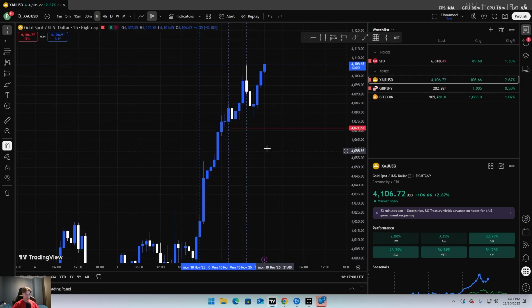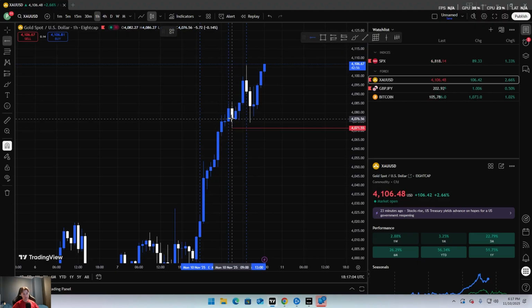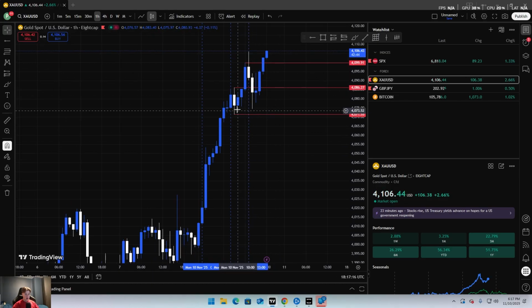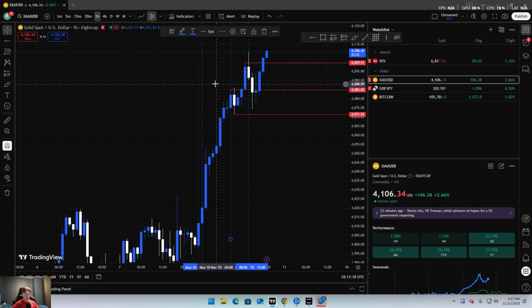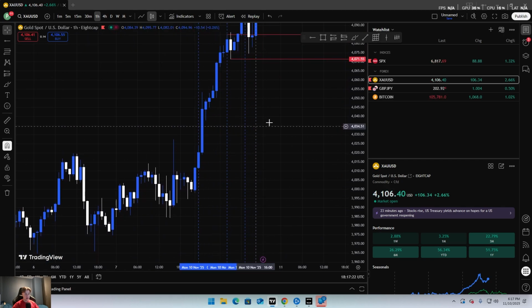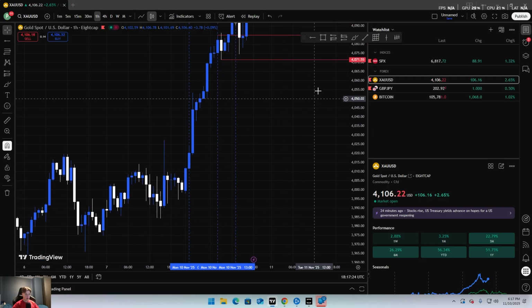You can see a London session low over here, and a London session high. Another London session high, pretty much. That's the Asian session low, and high. We didn't have any Asian session lows, so I guess we can mark this.